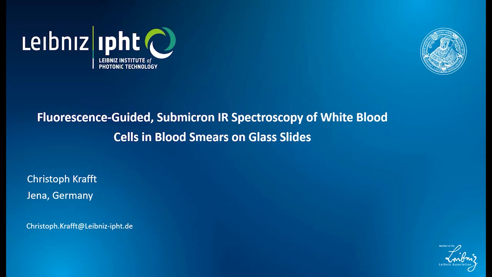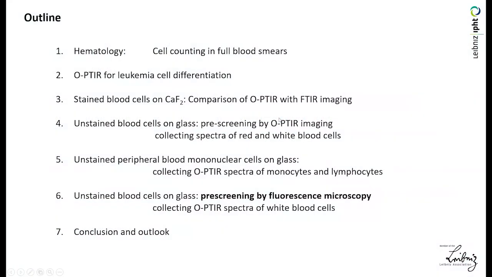Thank you, Mustafa, for the introduction. It's my pleasure to introduce you to our recent research, the fluorescence-guided submicron infrared spectroscopy of white blood cells in blood smears on glass slides. The outline of my presentation is to give a brief introduction into the topic of hematology. Then I refer to a recent publication of O-PTIR for leukemia cell differentiation.